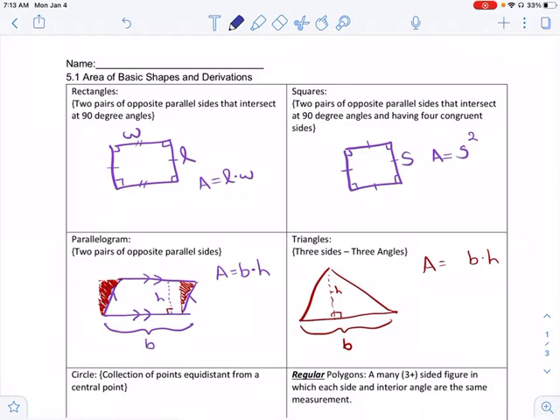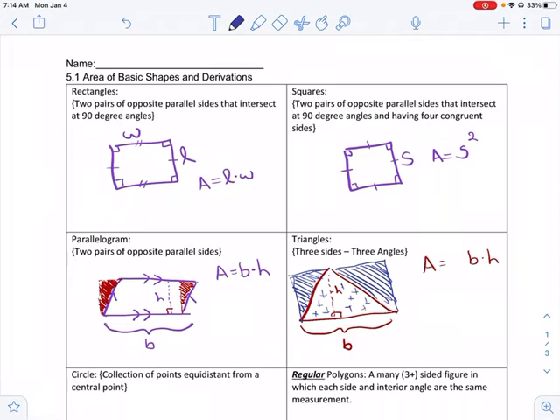But if I just do base times height, and I look back on this shape, what I would actually be figuring out is the area of this entire rectangle, which is really twice the area that we would actually want. This blue triangle there offsets this triangle down here, so I want half of that. And then I have this triangle here, which offsets this.